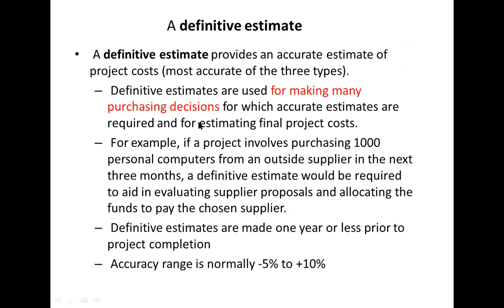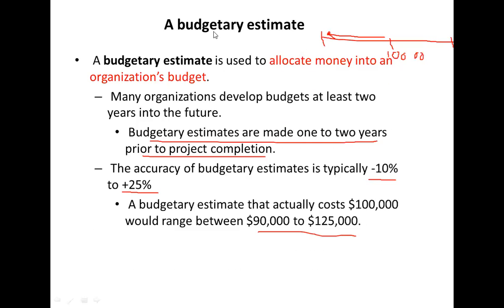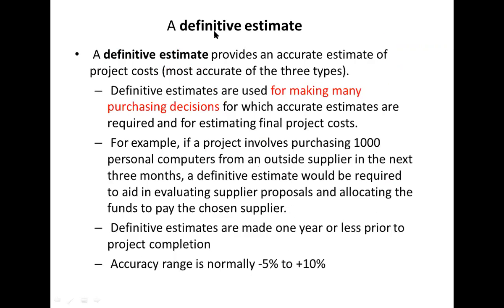And the definitive estimate is more accurate, and it would provide an accurate estimate of the project costs. This is the most accurate when you compare with the budgetary estimate and ROM estimate. As the name implies, we try to have a definite measure.